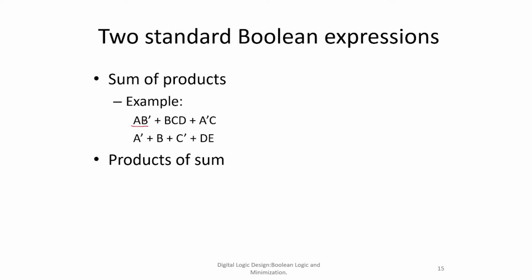Here one more notion we need to clear: the AND operation is also called product, and whenever we are doing an OR operation, that is also called sum. Those are the algebraic notions which we studied yesterday.